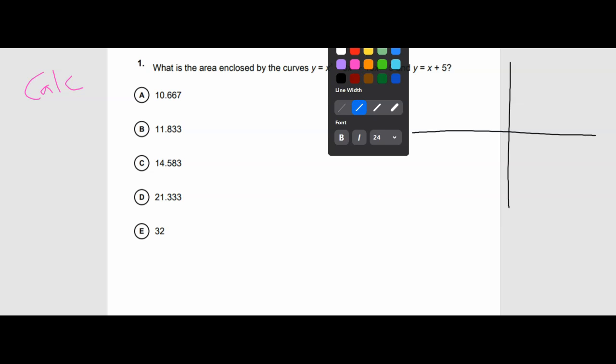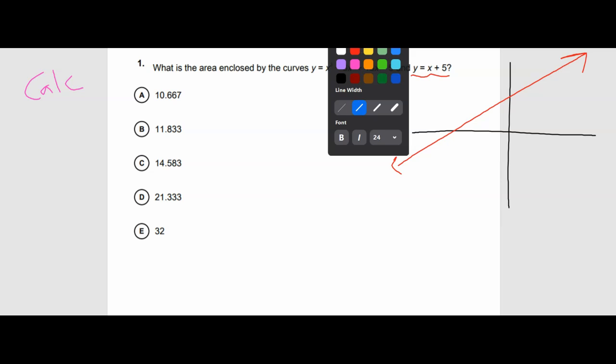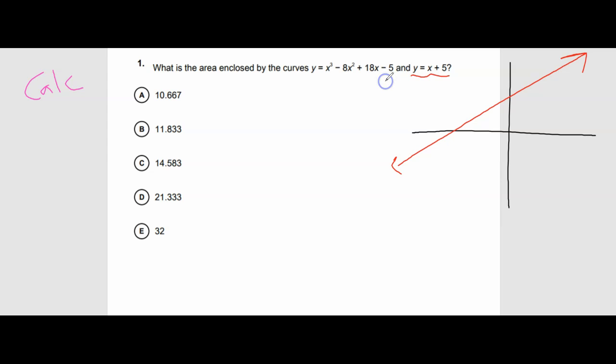The linear function right here looks something like this. And the cubic we have looks something like this.